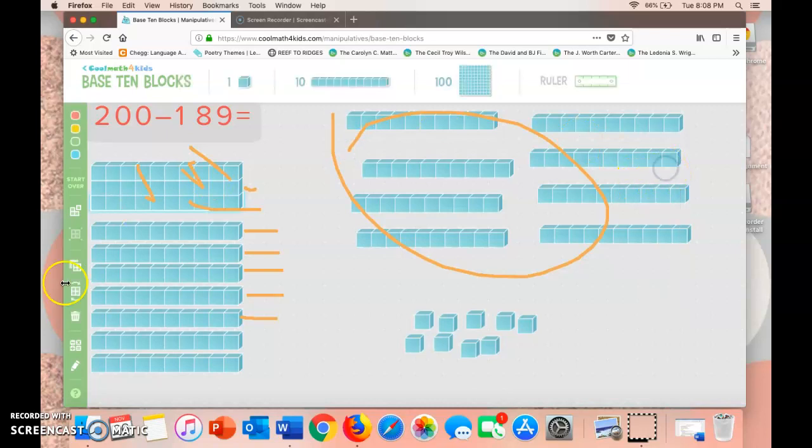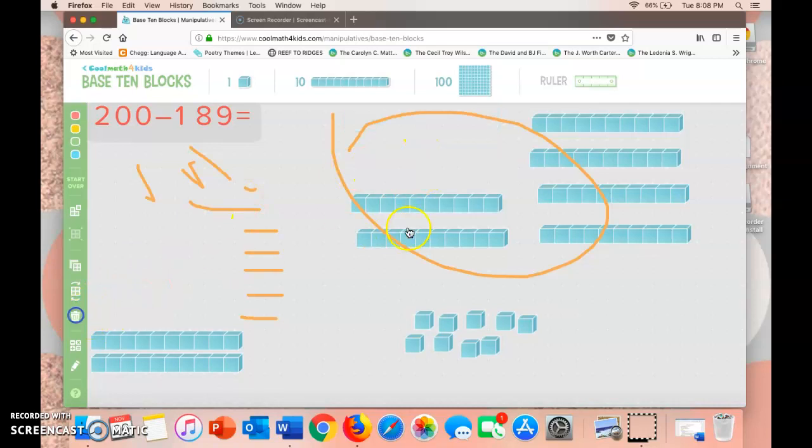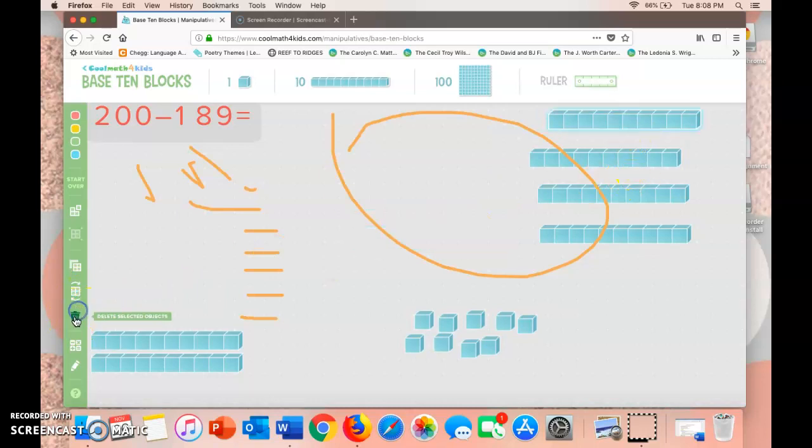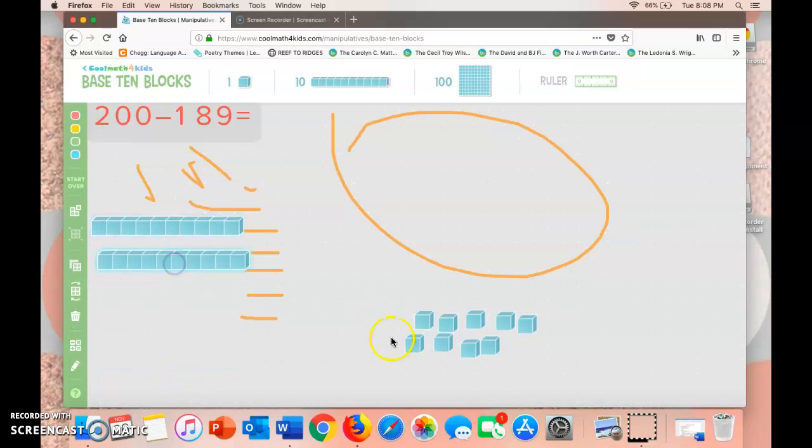In doing so, they would be able to see that 8 10 blocks over here could be taken away from the same 8 that they had to represent their 80 over here. And once the student does that, they now see that their problem has been reduced to 20 minus 9, still using 2 tens blocks over here and 9 ones cubes over here.